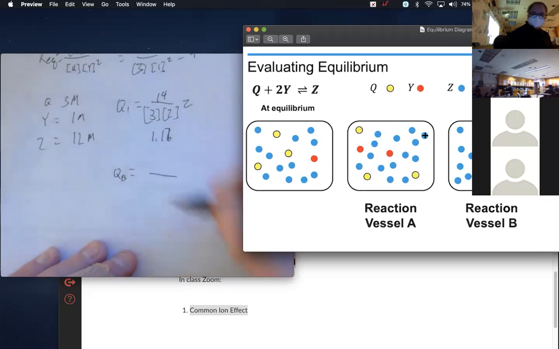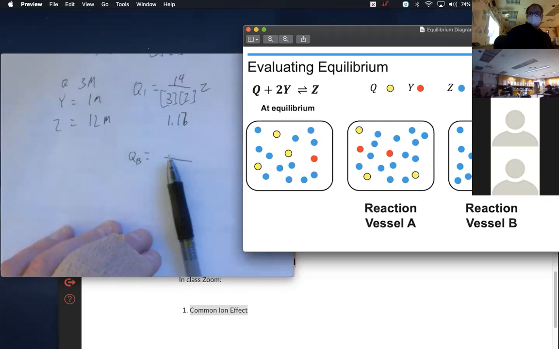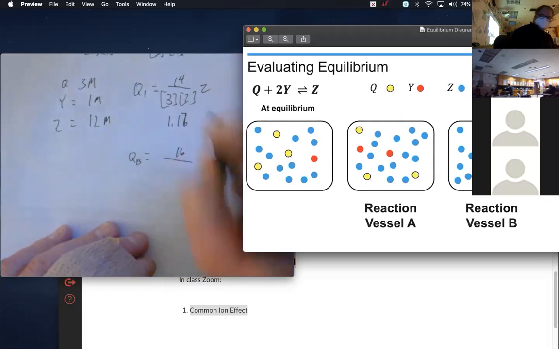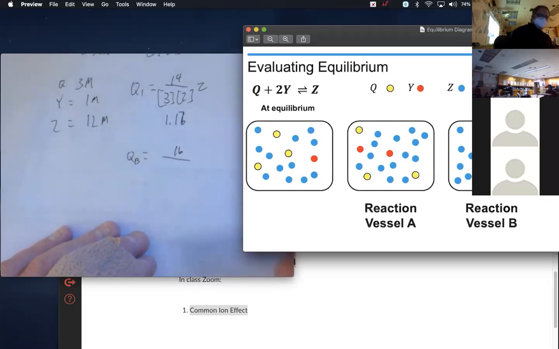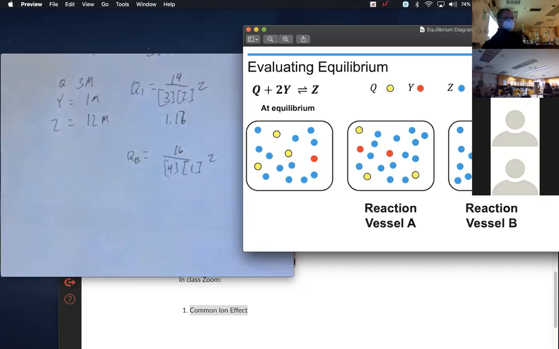So we have, anybody count the blues on that one? 2, 4, 6, 8, 10, 12, 14, 16. And 1, 2, 3, 4 for the Q. And a 1 for the Y. So what's that going to be? 16 divided by 4, 4.